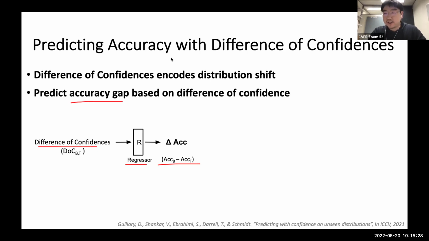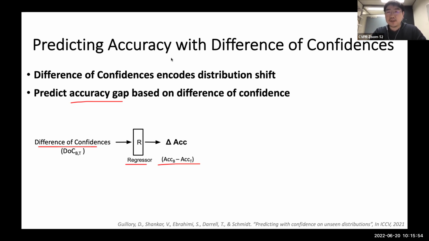This is a very good question. The method that I presented today is basically to predict performance on an overall test distribution. It probably can't be effective for individual samples.